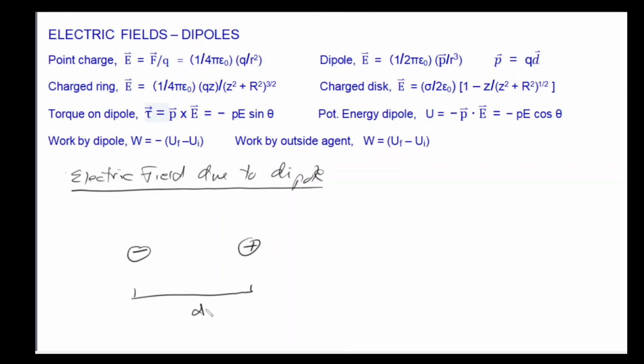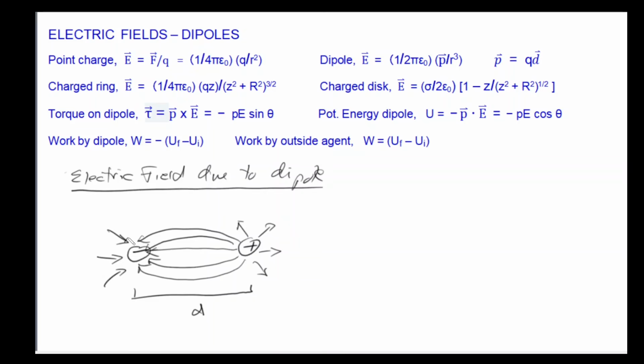And let's look at the electric field. So the electric field again goes from positive to negative. So we'll just put this in. And these go out that way, and these come in this way.